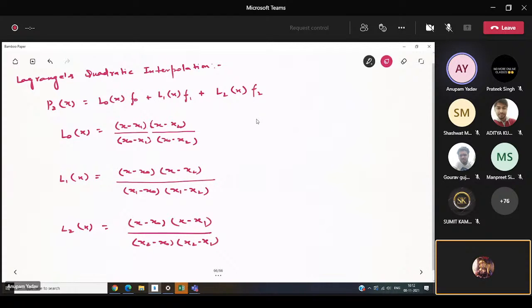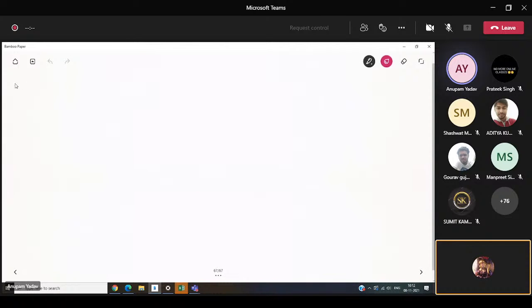So in this way, we can even write the general Lk for higher degree as well. But before that, let me do a couple of examples. Let me take a data.